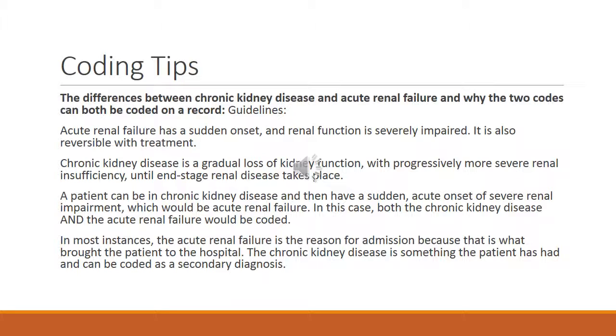Now, in this case, both the chronic kidney disease and acute renal failure would be coded. In most instances, the acute renal failure is the reason for admission because that is what has brought the patient to the hospital. Now, the chronic kidney disease is something the patient has had and can be coded as a secondary diagnosis.